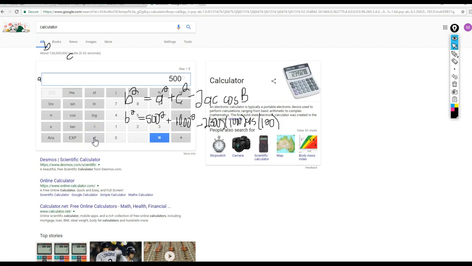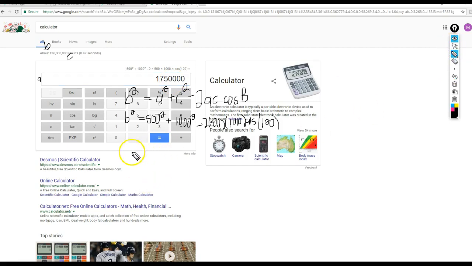We click the x to the y button, 2, plus 1,000 x to the y, 2, to get our squared, minus 2 times 500 times 1,000 times cosine of 120. And then click enter, and that is 1,750,000.